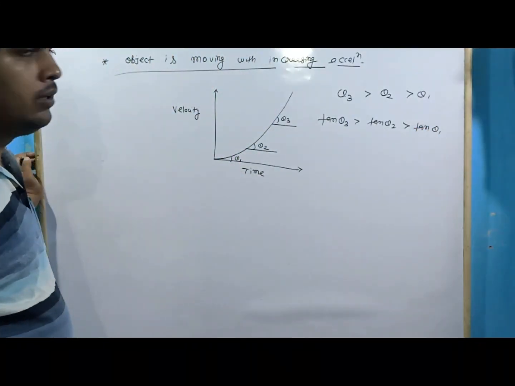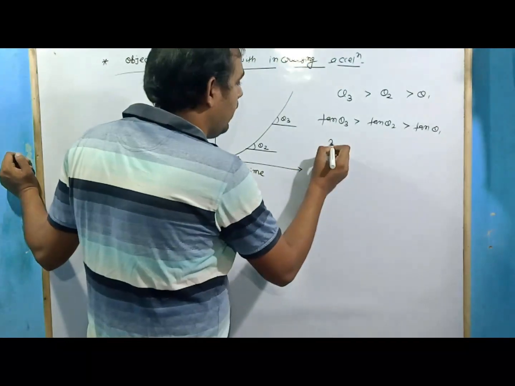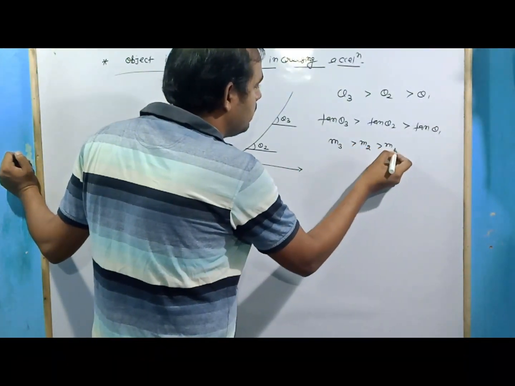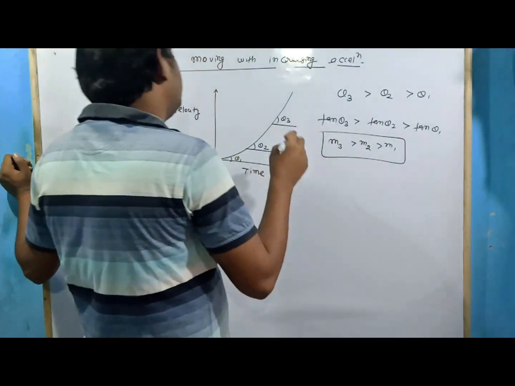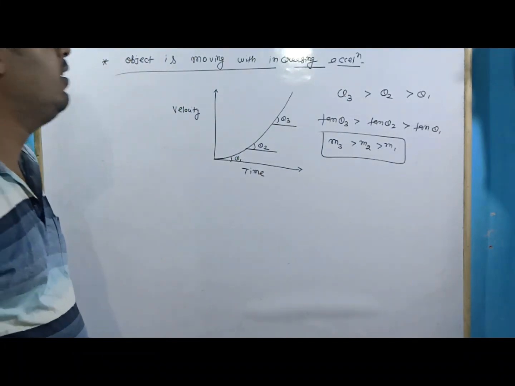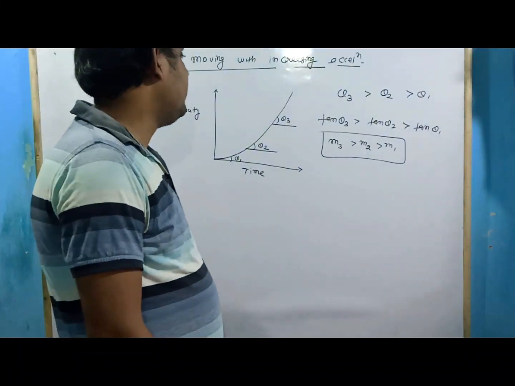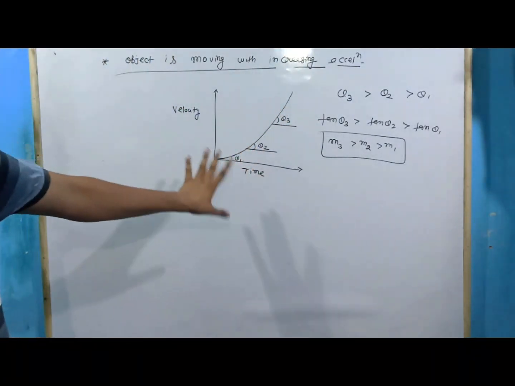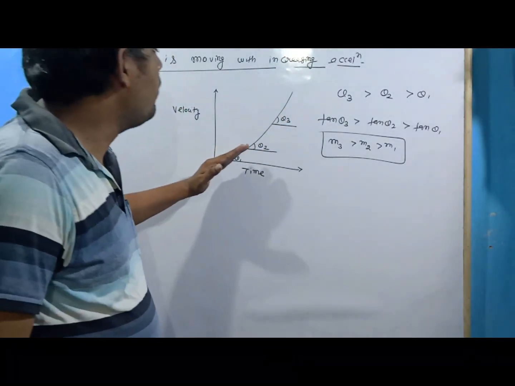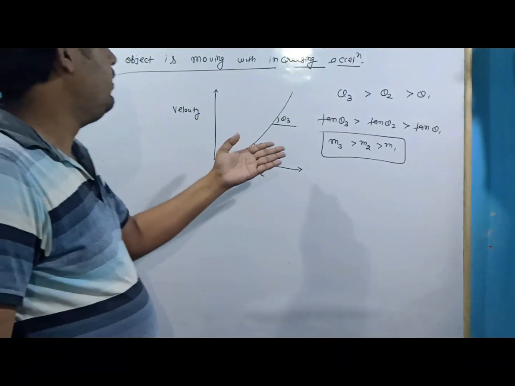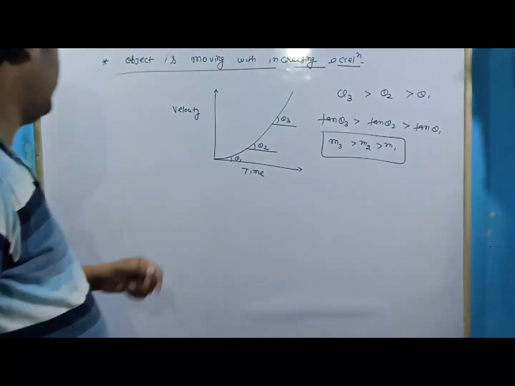That is, slope को अपन डिनोट करते हैं m से, so m3 is greater than m2, which is greater than m1. So I can get that when the object is moving with an increasing acceleration, the graph should look like this, where it is going to slope upward, जहाँ पे स्लोप का लगातार इंक्रीज होना शुरू हो जाएगा. ठीक है.